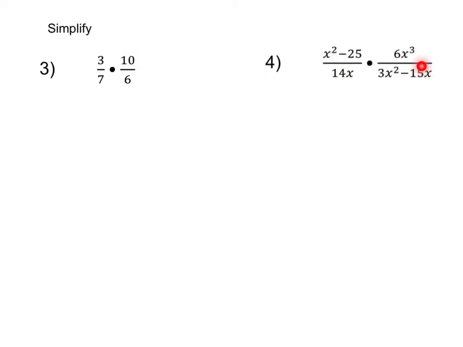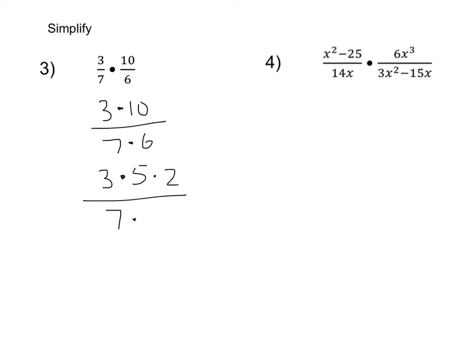So 3/7 times 10/6, we can rewrite as 3 times 10 over 7 times 6. And we can factor this. So this would be 3 times, well, 10 is the same thing as 5 times 2. And we can factor the bottom. 6 we know is 3 times 2, so we can rewrite the bottom as 7 times 3 times 2.